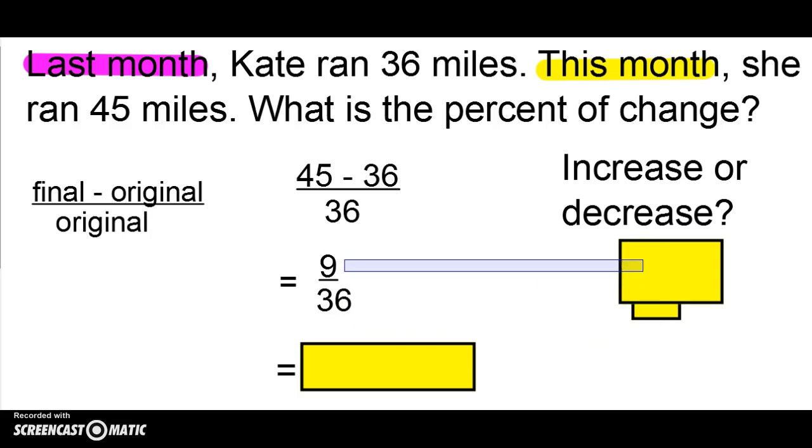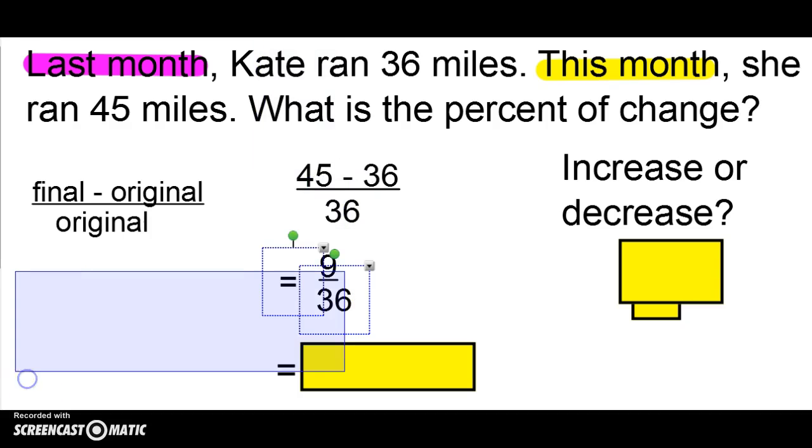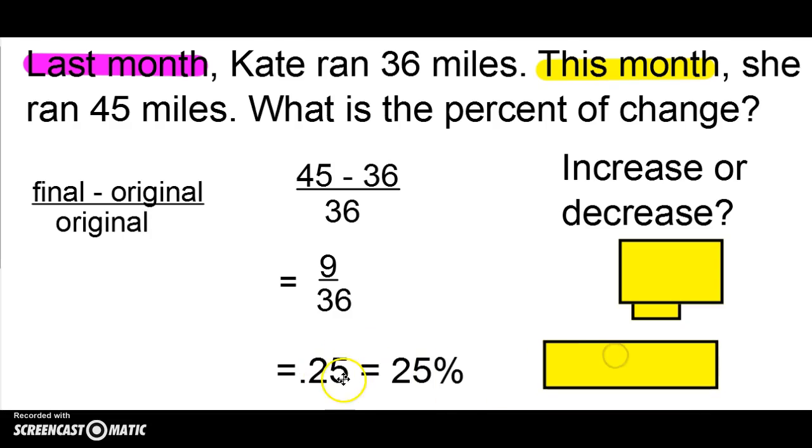Ah, she's running more now. And you'd say 9 divided by 36. And some of you who are so sharp, I'm sure you see that's the same as 1/4 or 25/100ths and 25%. So she's running 25% more than she did last month.